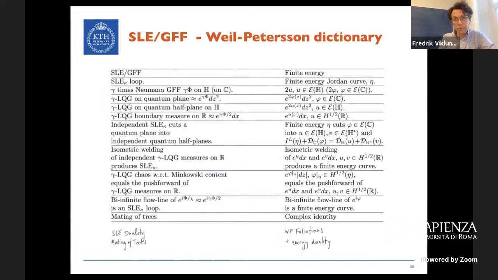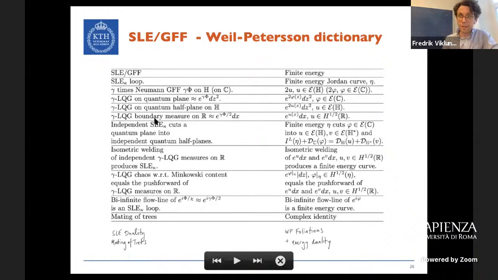Okay, so let me start to round up by presenting this dictionary that we have in the paper also. There are many lines here, and it's not so important exactly. The point is just that in a fairly vague but still useful way, it is possible to translate a lot of the statements and objects in random conformal geometry to statements and objects in this Weil-Petersson finite energy world.